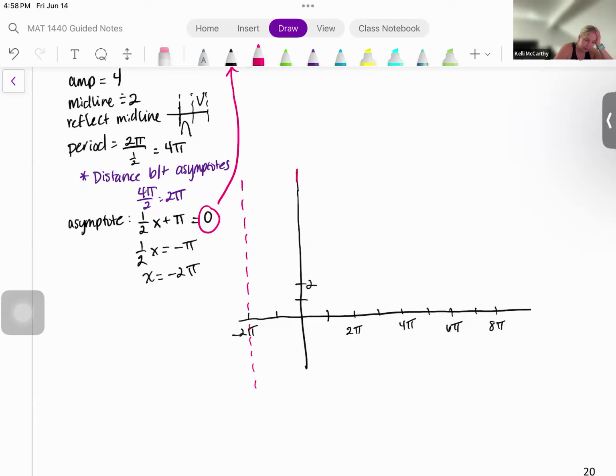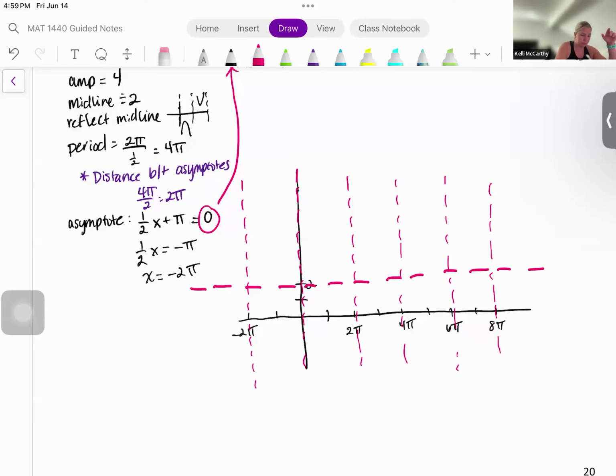So then I have another asymptote here, another asymptote here, another asymptote here. And here's my midline at 2.